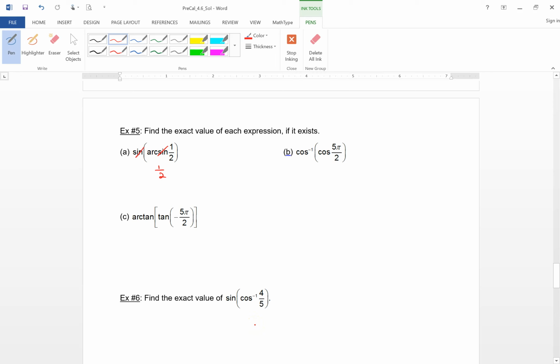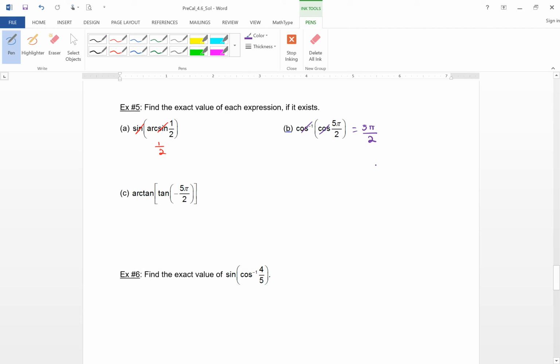That is a fun one. In the case of this one, you have the inverse cosine of the cosine of whatever. It goes away again, 5 pi over 2. Okay? If you ever have those on a final or on a test, those are the ones where you win points. And it shouldn't take you more than a fraction of a second to do.